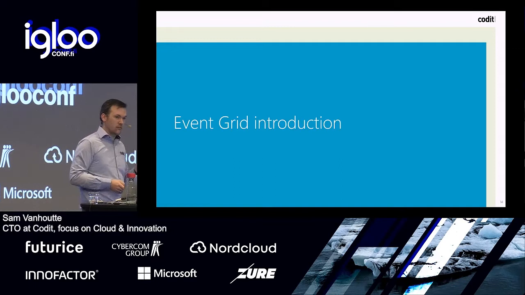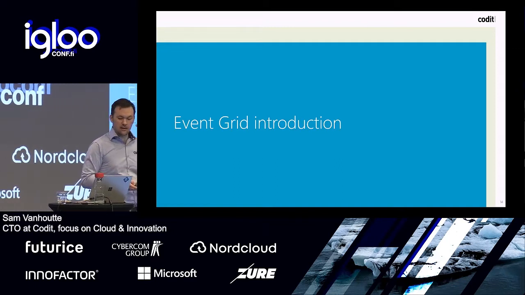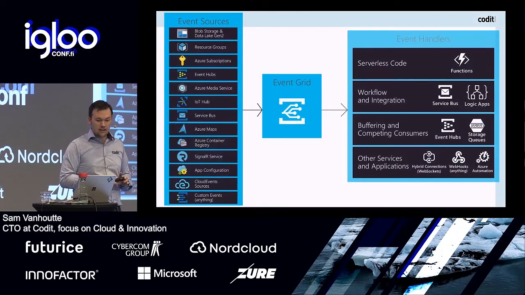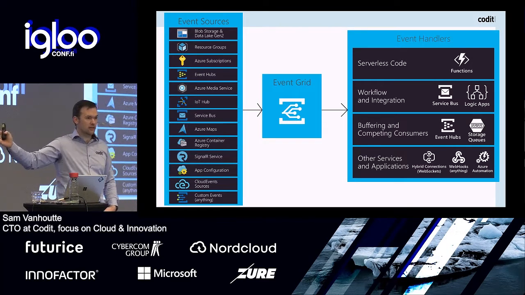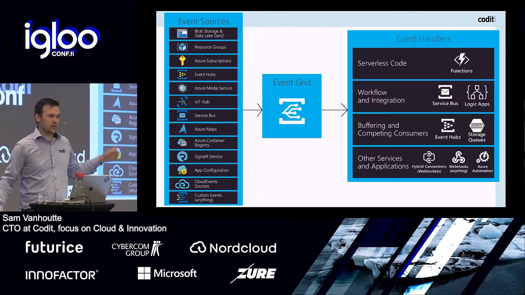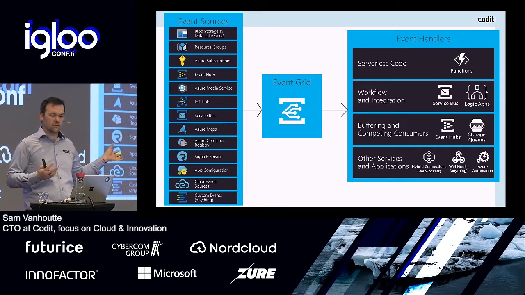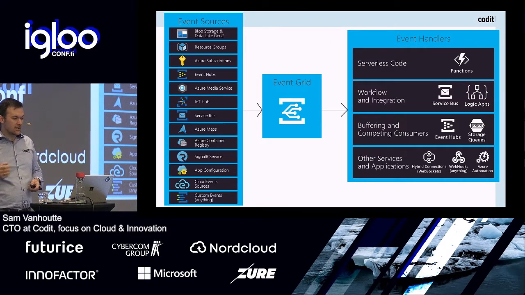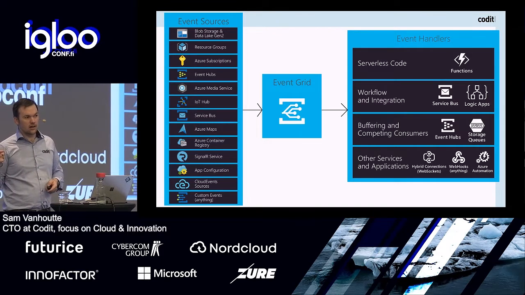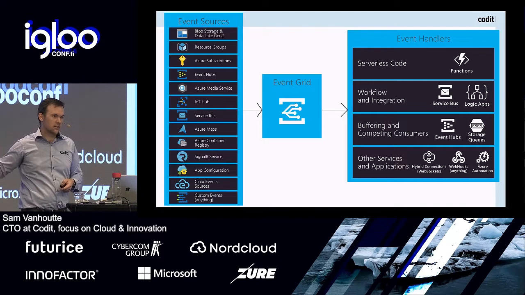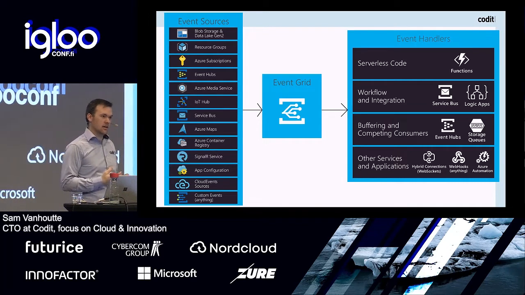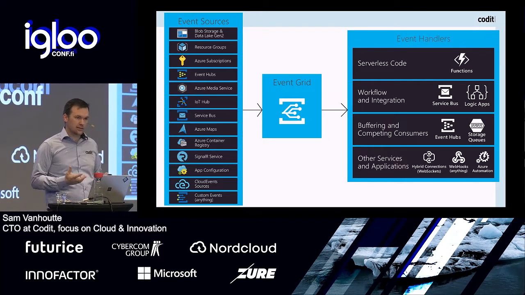Now, Azure Event Grid, that's really the service that I'll talk about. And the concepts you have are, on the left side, the event sources. On the right side, you have handlers. The good thing is that this is the first conference where I was not able to fit all the sources in that left side column, because that's one of the biggest challenges for this service.